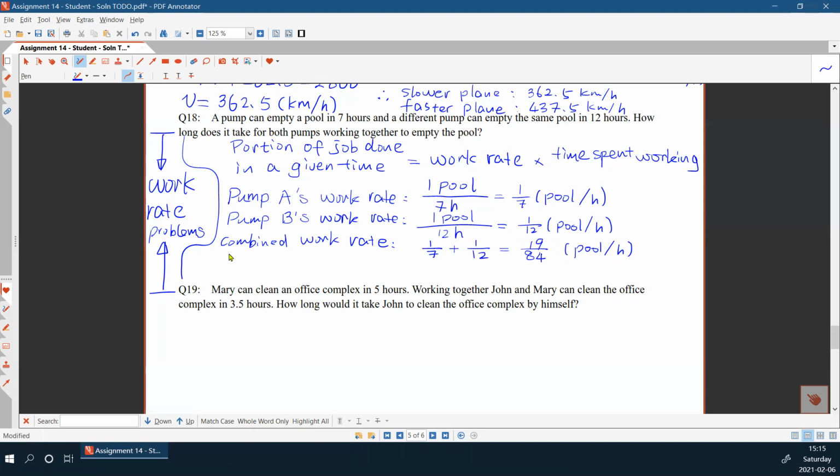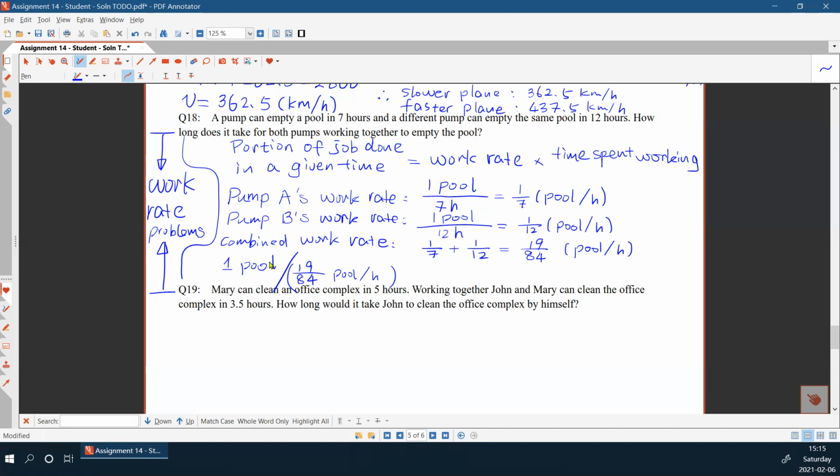So the problem here is you want to empty one pool, right? And the work rate is 19 over 84 pool per hour. So can you tell me how many hours will it take to empty the whole pool?